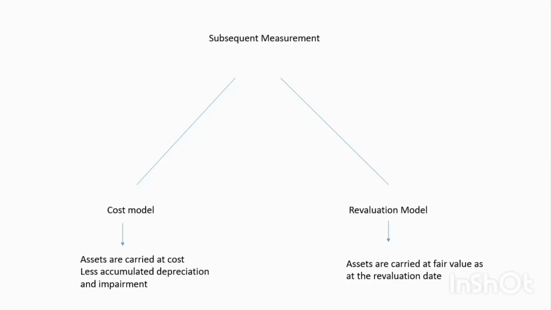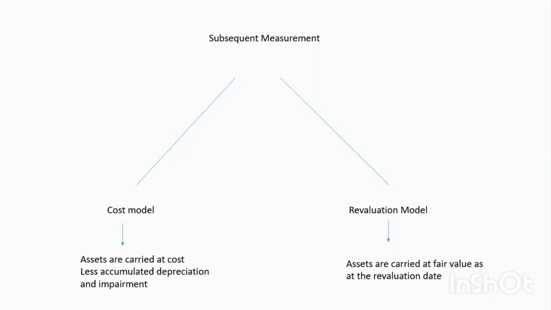But subsequently, if an entity chooses to present an asset using the revaluation model, the company will present the asset at their fair value. And what is the fair value? The fair value is, let me make it easy, like the market price of the assets as at the date of revaluation, the price at which the asset could be purchased as at the date of revaluation.